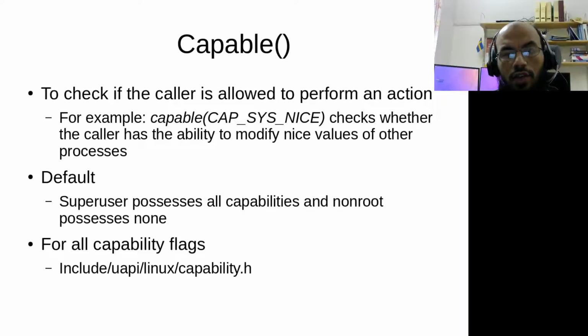And Linux defines a lot of these capabilities that users can have, and the default case is that super users have all capabilities and non-root users have no capabilities. The capability flags that I'm talking about are all in this file.